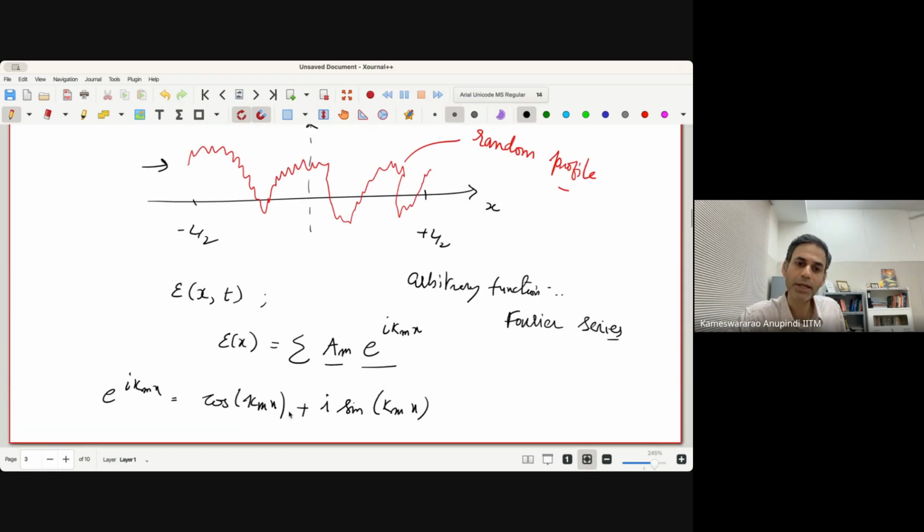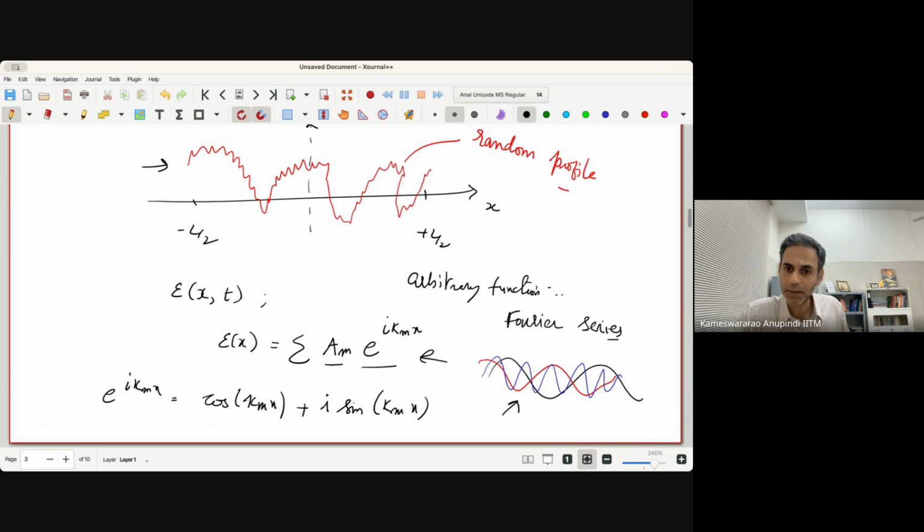So what we're saying is that any function that we have can be represented as a linear superposition of sines and cosines. By appropriately taking these magnitudes and combining different sines and cosines, I can represent any function.